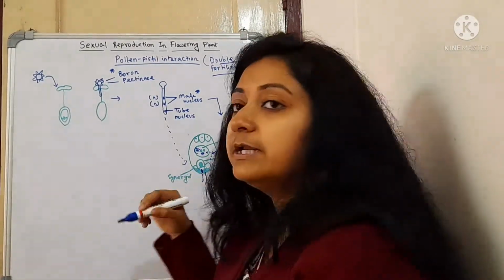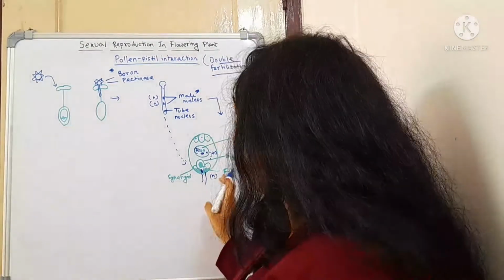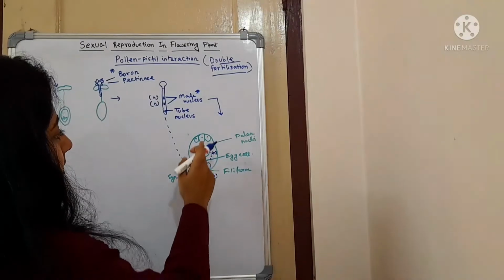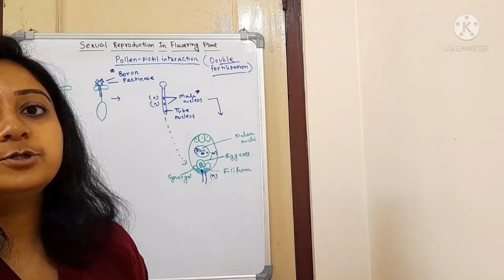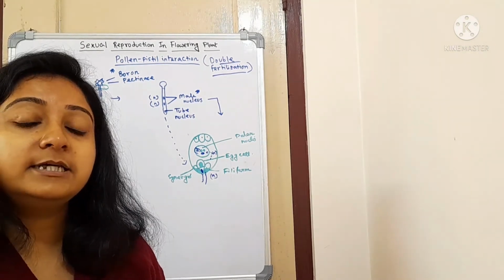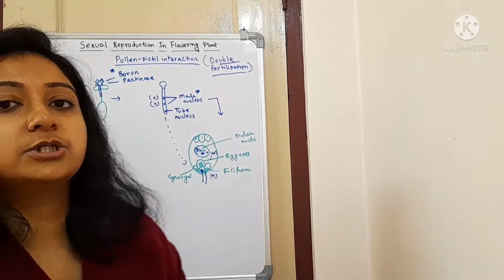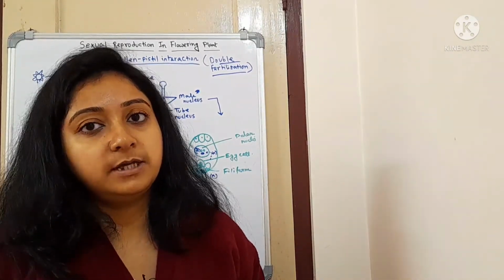One male nucleus will go and fuse with the egg apparatus with the help of the finger-like projections which are considered as the filiform apparatus, and the other male nucleus will go and fuse with the polar nuclei which are present in the central cell, and in this way the fertilization event is happening 2 times. That's why the event is considered as a double fertilization event.